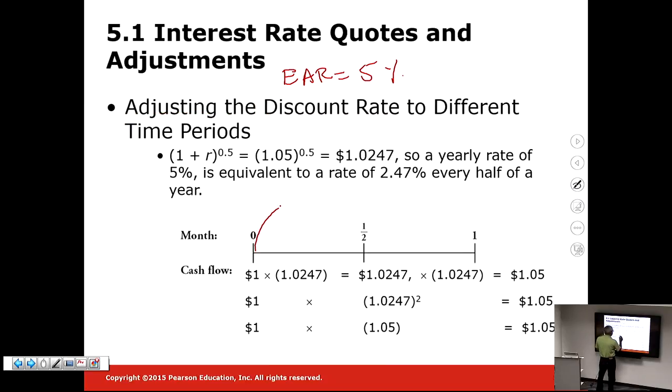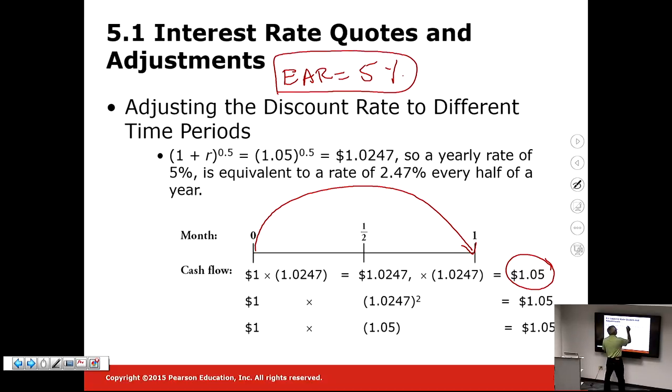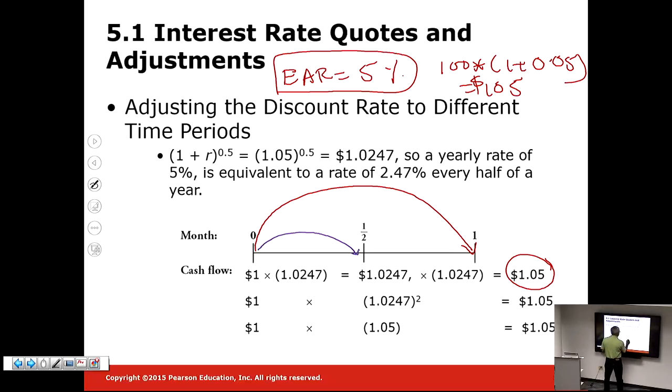So from year 0 to the end of year 1, I know my future value is going to be 105. I know that because the effective annual rate is 5%. So 100, or 1, times 1 plus 0.05 is 105. But what would be the interest rate over the half-year periods over here?